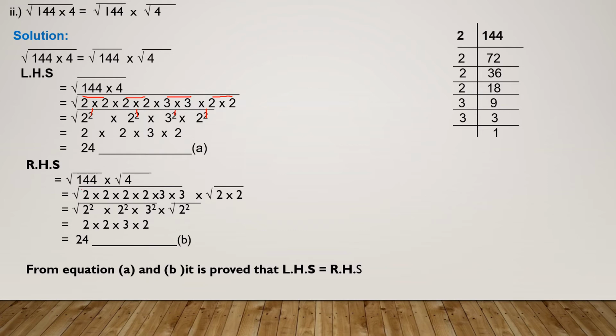After writing, we will make the pairs so easily we can write them in the form of square. 2 multiplied by 2, 2 square, 2 multiplied by 2, 2 square, 3 multiplied by 3, 3 square, and 2 multiplied by 2, 2 square. In next step, square will be cancelled out with square root and remaining terms will be 2, 2, 3 and 2. Multiply all of these values, we get 24.